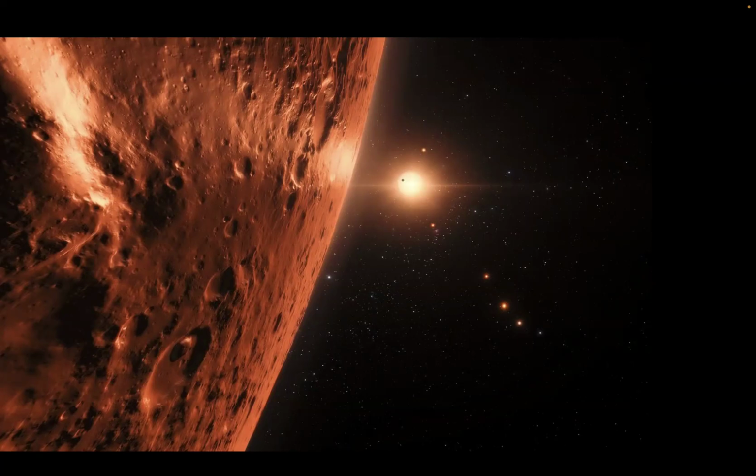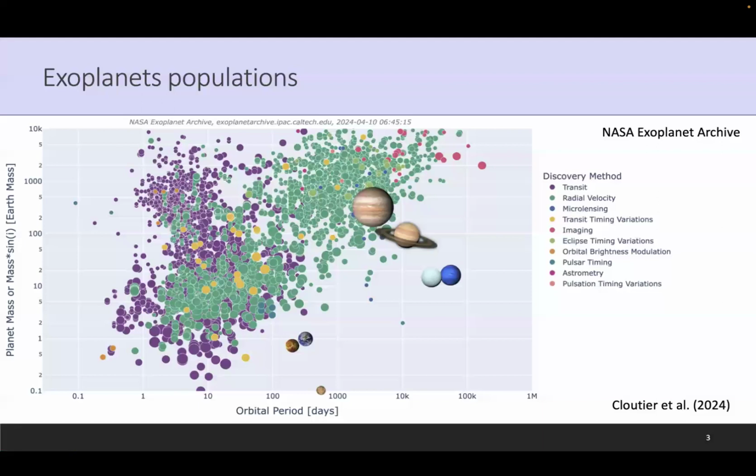Recently, with Kepler and TESS, we're starting to discover many planets. Here is the distribution of the planets with their mass over their period. Until today, we have over 5,700 exoplanets discovered so far.